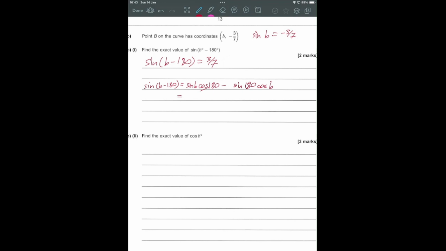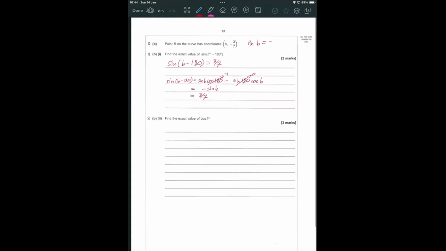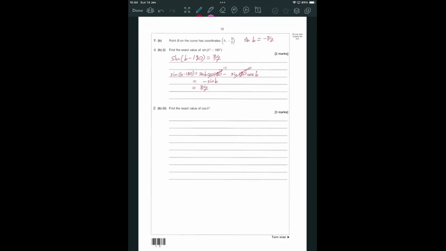However, cos 180 is not 0. Cos of 180 is negative 1. There you go, I'm getting the curve in my head right. And sine 180 is 0. So that's going to come out as negative sine B, which is positive 3/7. A little bit sneaky there.